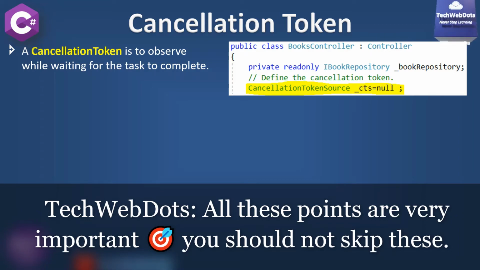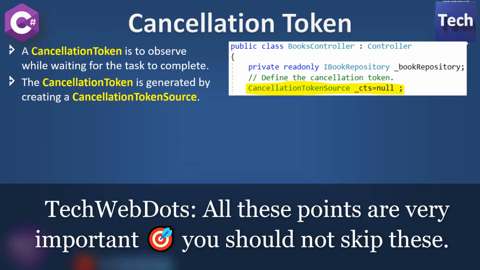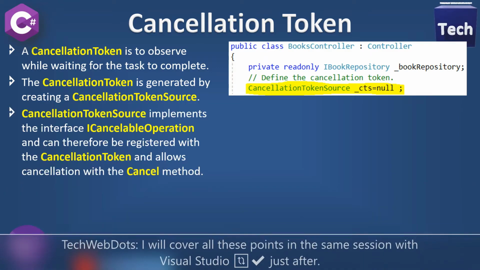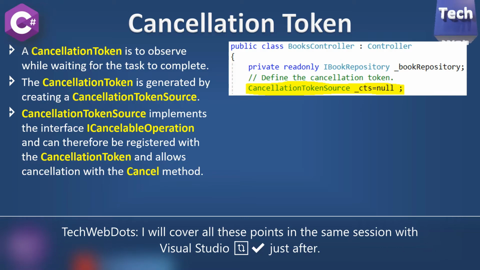A cancellation token is to observe while waiting for the task to complete, and the cancellation token is generated by cancellation token source. So you can see the cancellation token source can generate the cancellation token. Cancellation token source implements the interface ICancelable and can therefore be registered with cancellation token and allow cancellation with the cancel method.